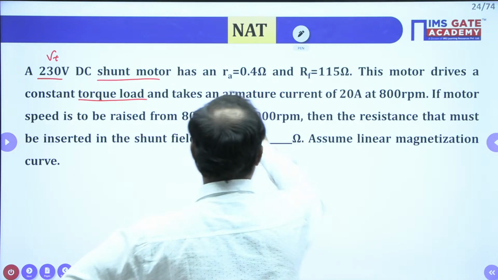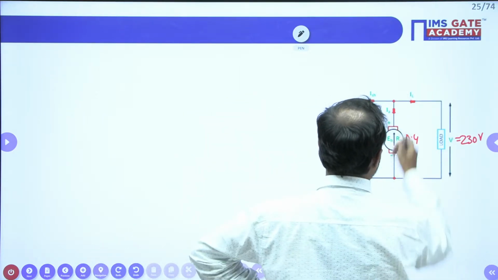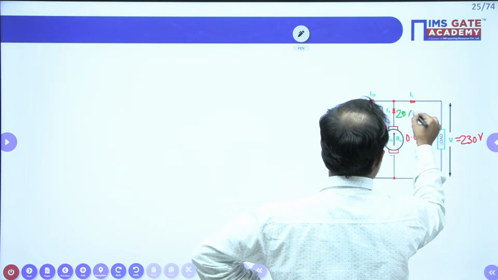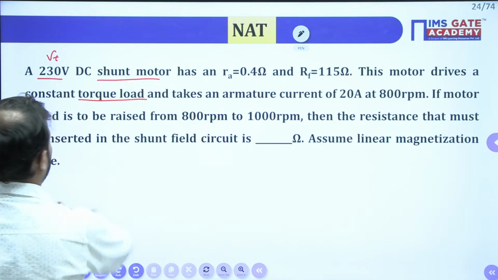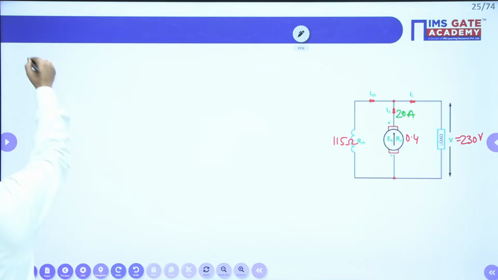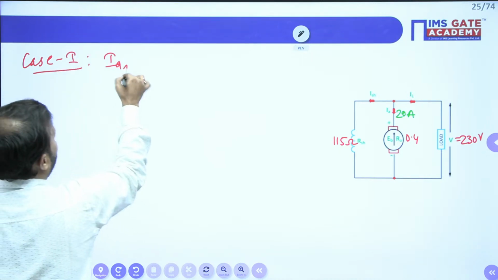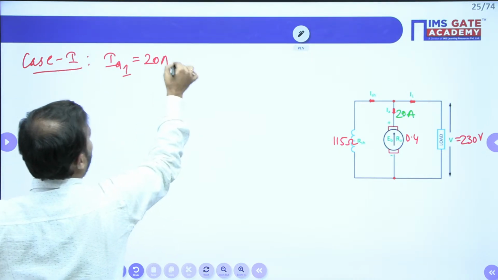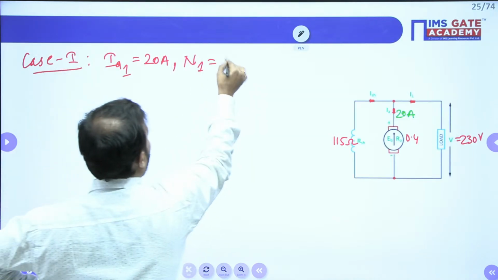Armature current at this time is 20 ampere. So this is case 1: Ia1 is equal to 20 ampere, and N1 is equal to 800 rpm.